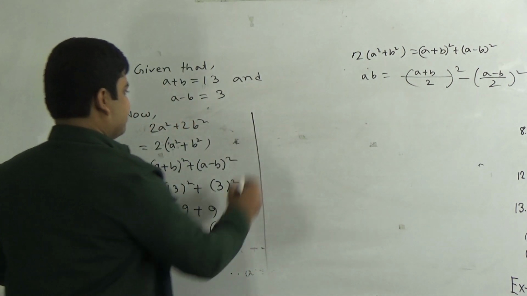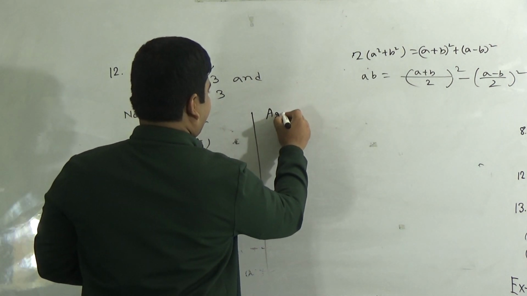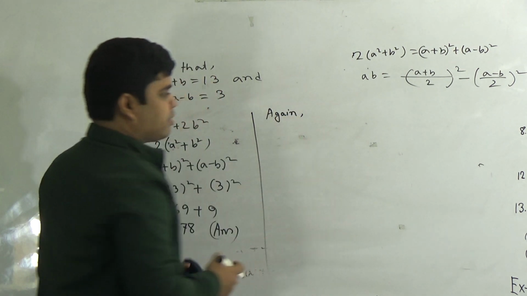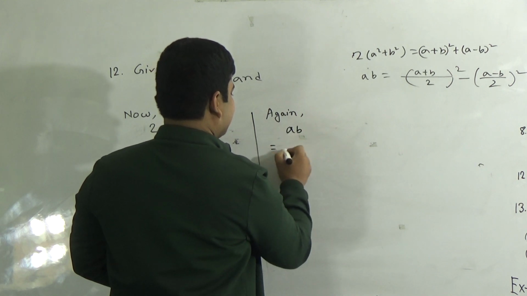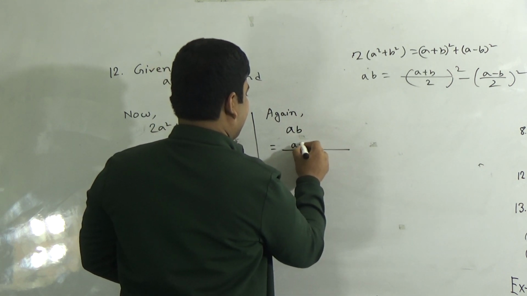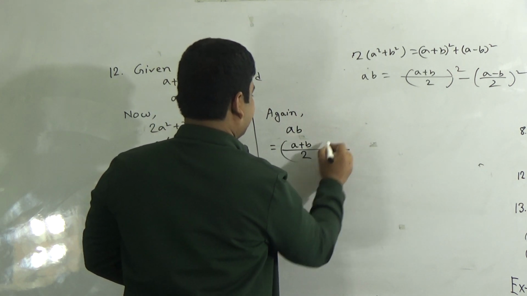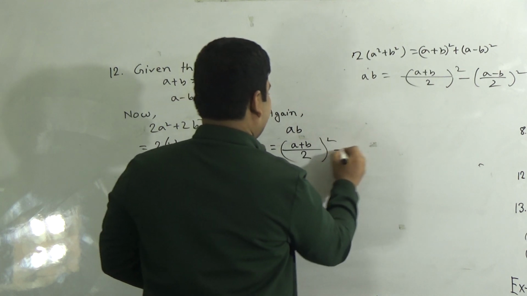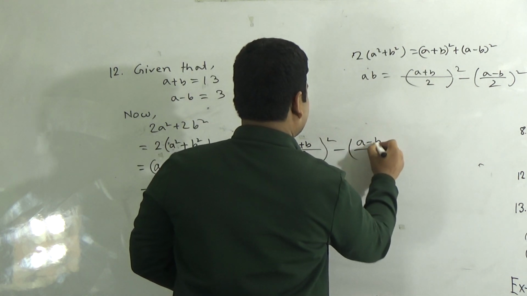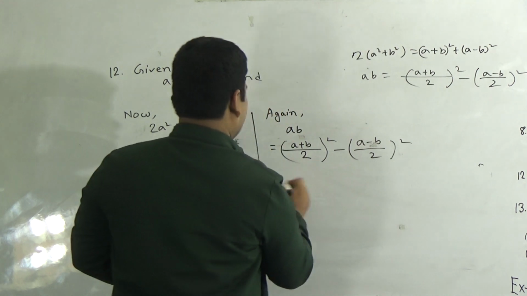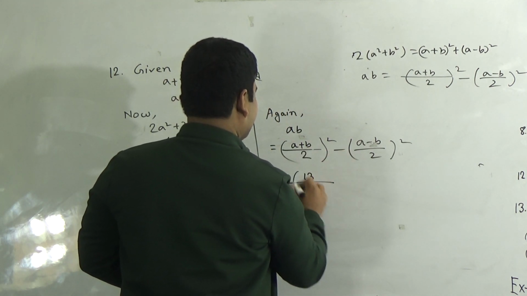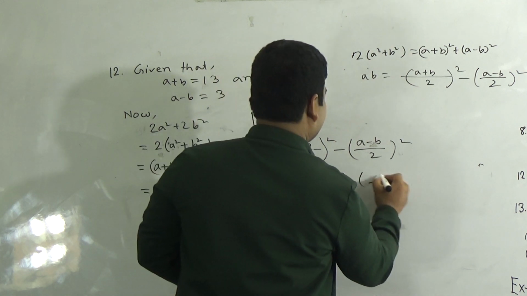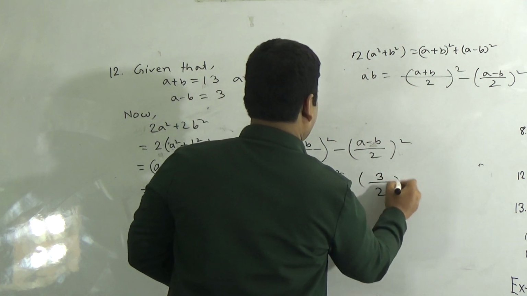Okay, now again we need to find out the value of ab. So ab's formula is (a plus b by 2) whole square minus (a minus b by 2) whole square. Now we put the value of a plus b and a minus b, which is (13 by 2) whole square minus (3 by 2) whole square.